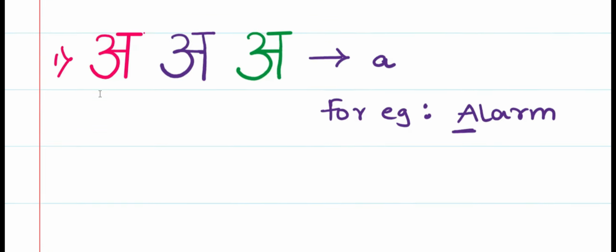Let's go to the second one. The second one is the same as the first one. You make a three, a horizontal line, and a vertical line attached to it. The catch is you make two vertical lines in this case and a horizontal line on top of it.